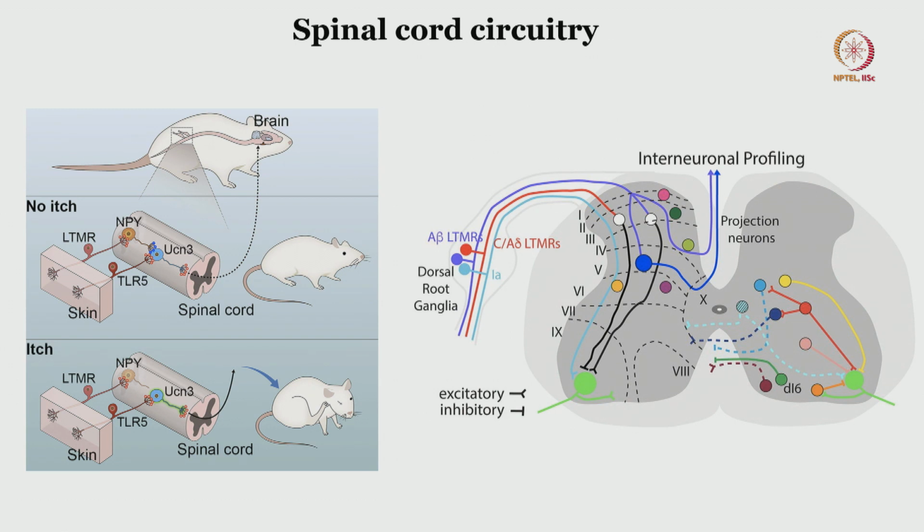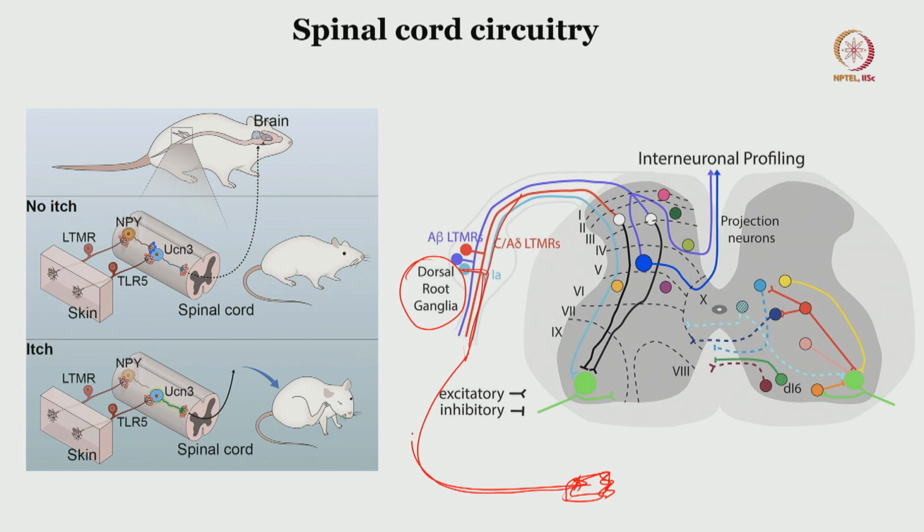So, this is the dorsal root ganglia. I hope you all remember the gross anatomy of it. When you dissect it, this is how the neurons are organized. These are known as pseudo unipolar neurons, where one end of it is in the skin of, let us say, the forepaw.